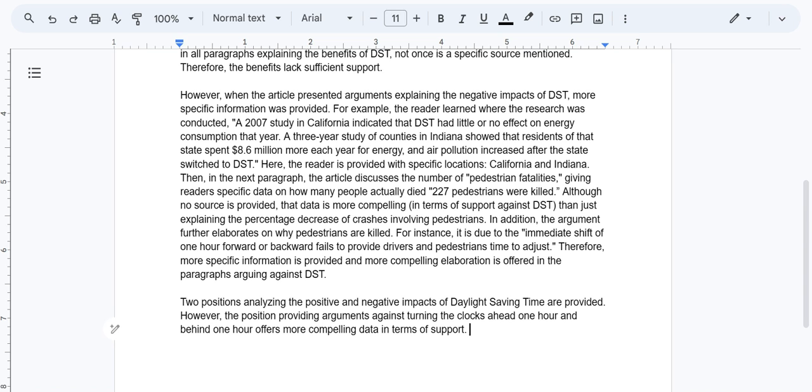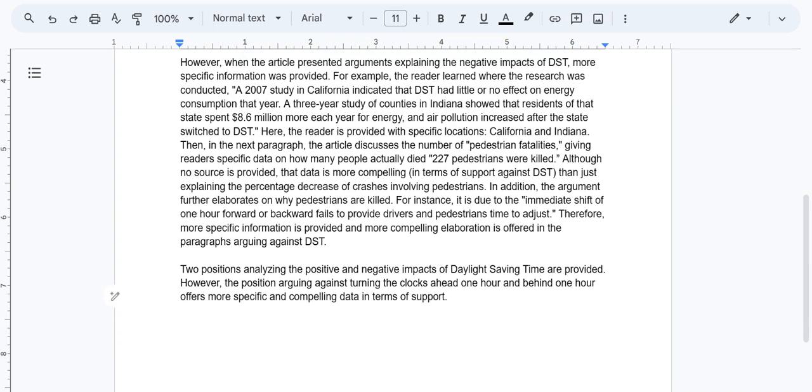However, the position arguing against turning the clocks ahead 1 hour and behind 1 hour offers more specific and compelling data in terms of support.